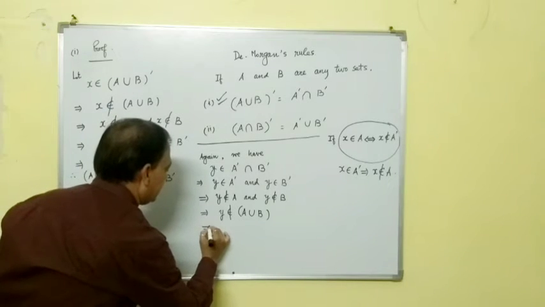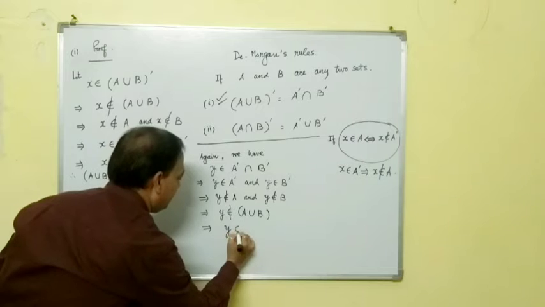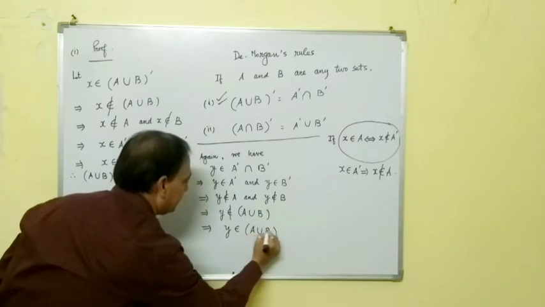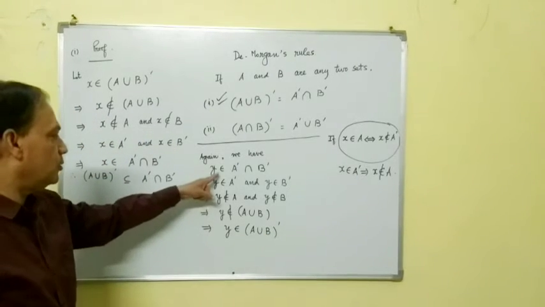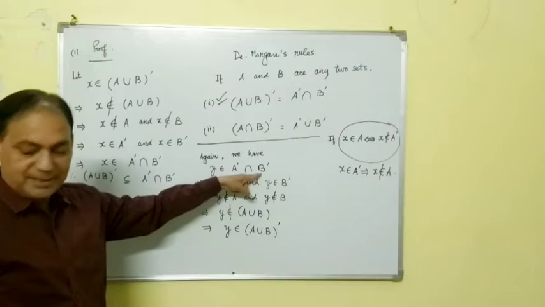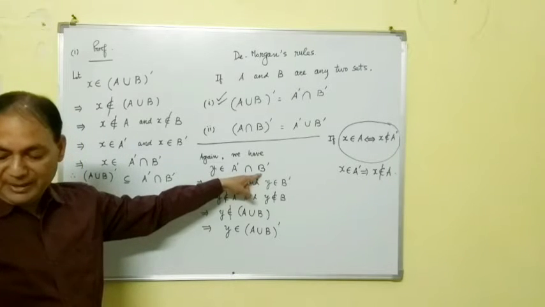It means y belongs to complement of A union B. What we infer?